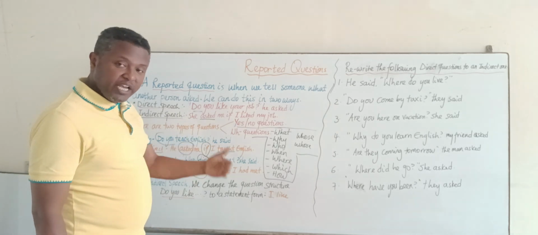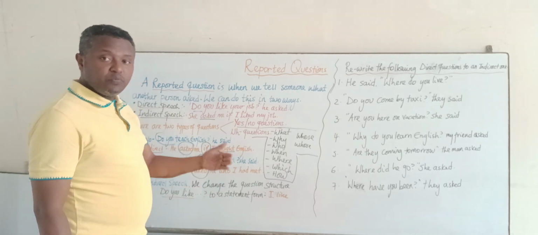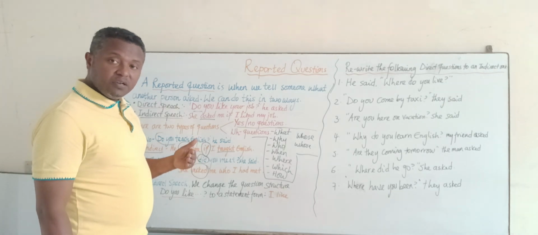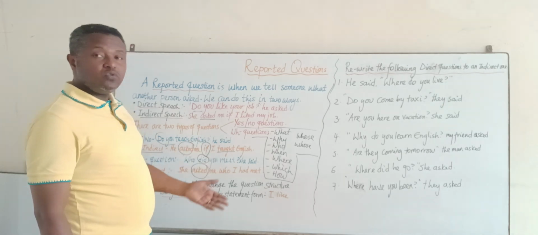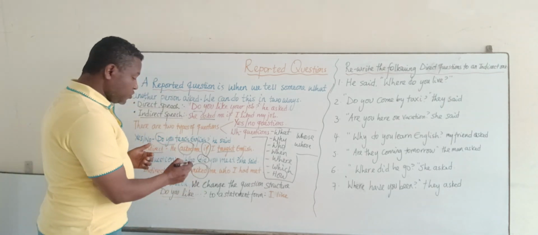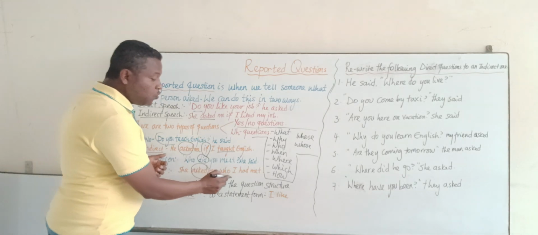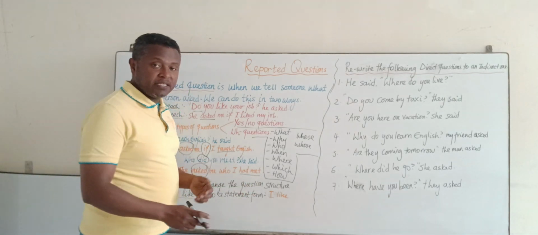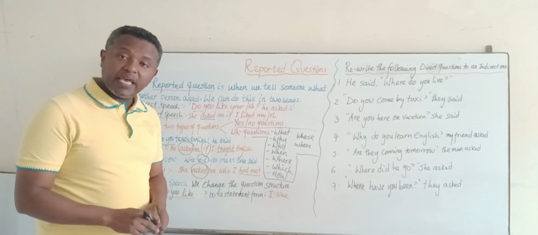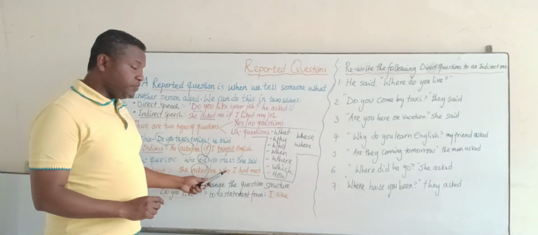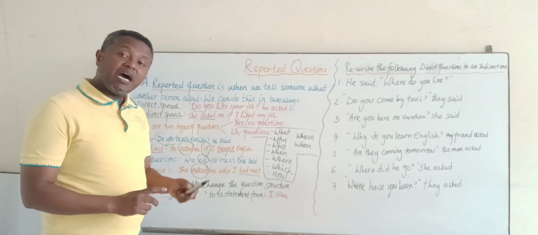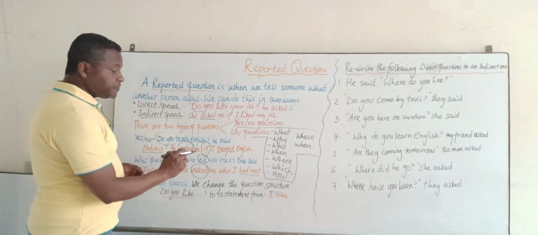So when we change a past simple into reported speech, we change past simple into past perfect, right? So she asked me who I had met, okay? Who I had met.